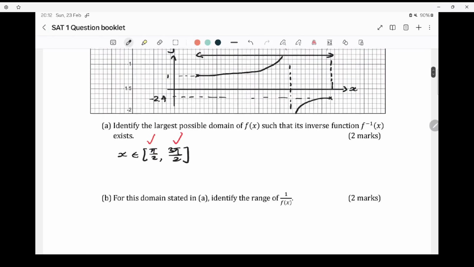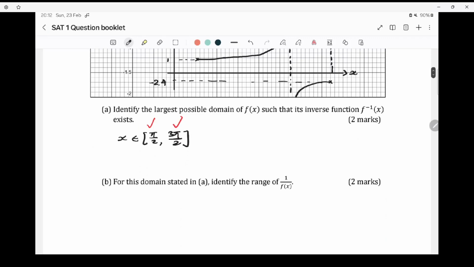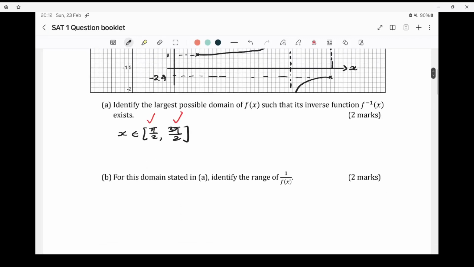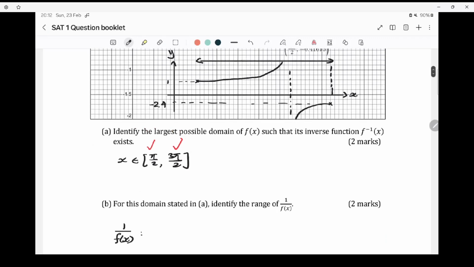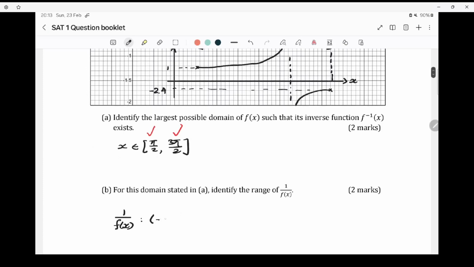So then the range of 1 over f(x) is quite obvious at this point. So you can write 1 over f(x) is given by this particular range, which is from minus infinity until minus 2.403, for example.